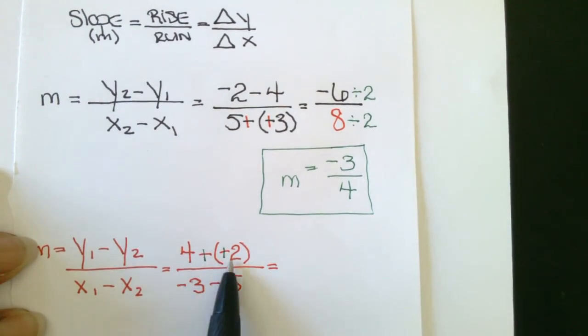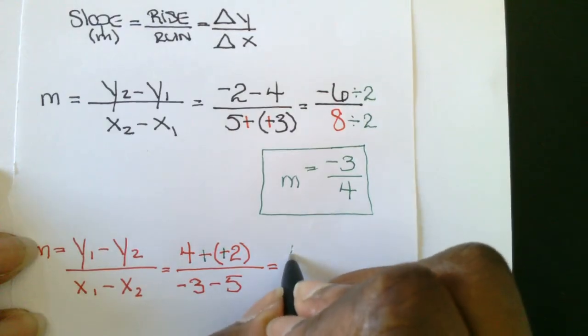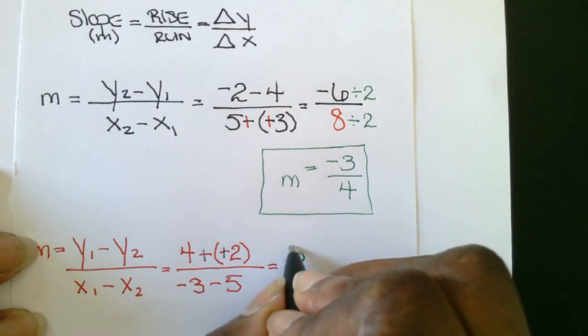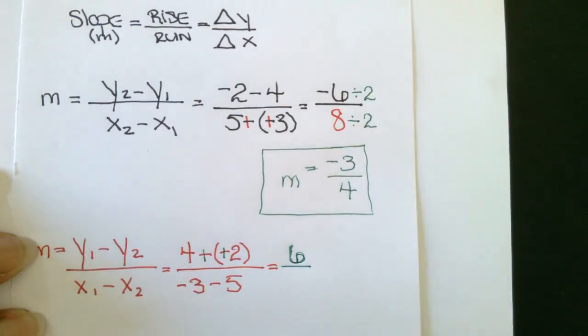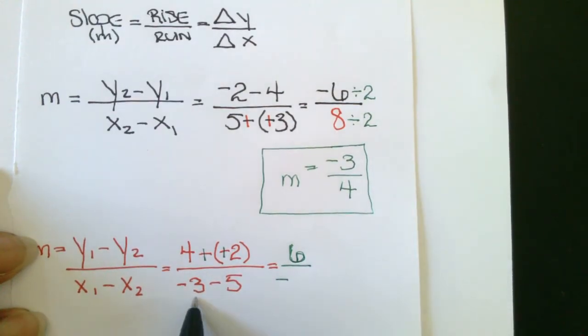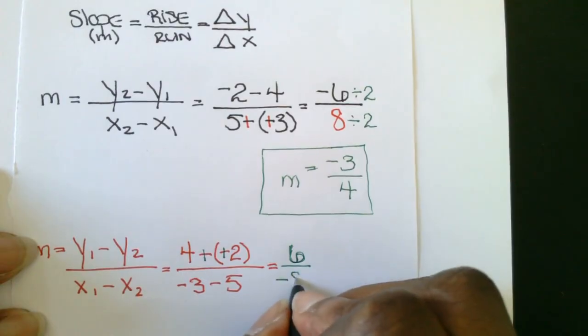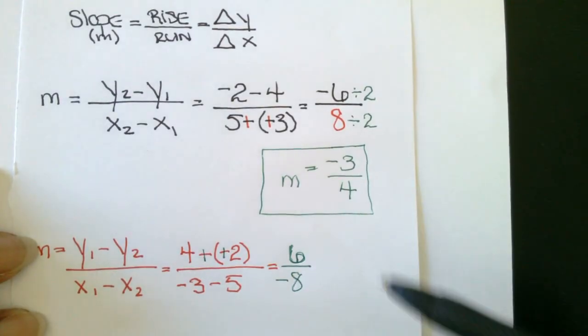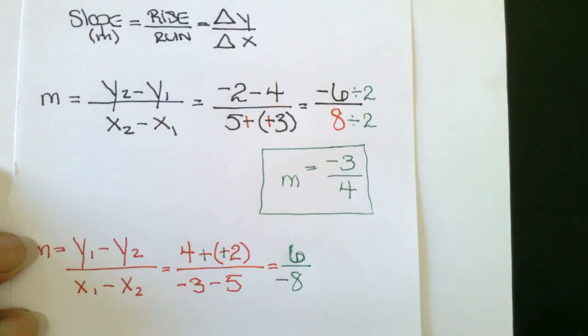So 4 plus 2 gives me a positive 6. Then -3 plus -5. Do you hear how I'm saying it? -3 plus -5. When both numbers are negative, you keep the sign and add them together. So now you have 6 over -8.